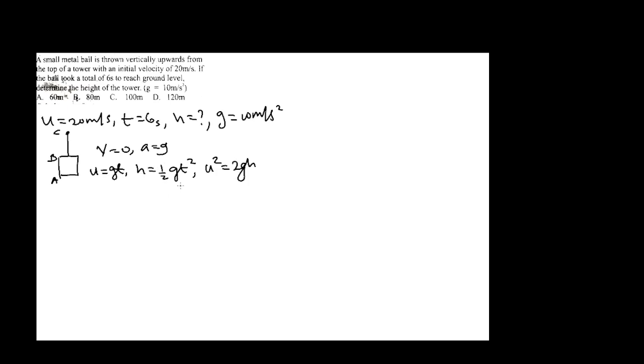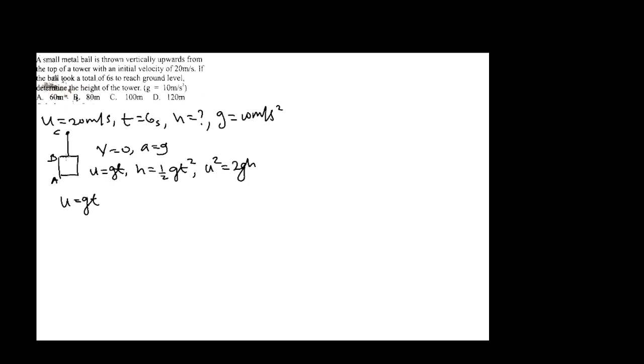So from the point B to C, that is from here to this place, we have that u is equal to gt. That is the initial velocity is equal to the acceleration due to gravity times time. So we want to know the time that takes the body to move from the top of this platform to this particular point here, because the 6 seconds is the total time used in the motion.